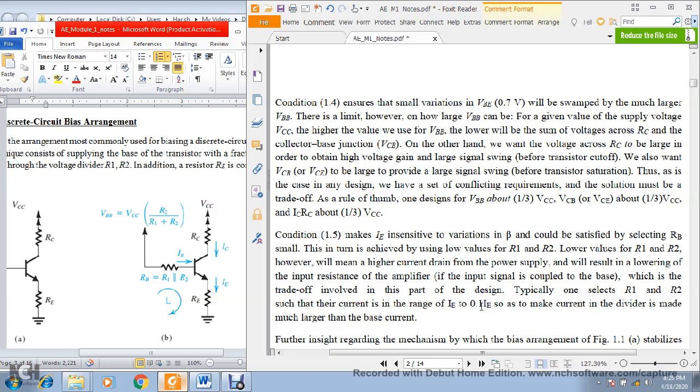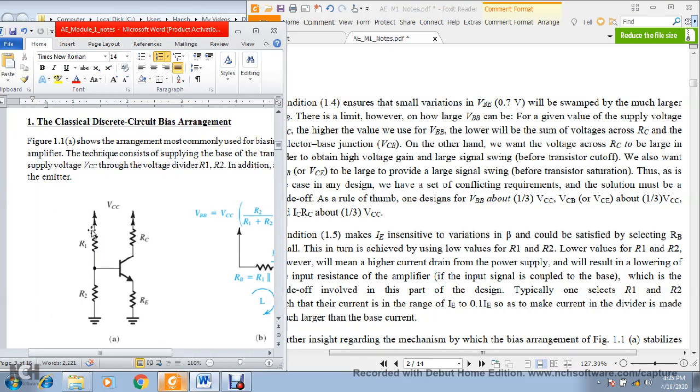If you choose a current flowing through R1 and R2 in the range of IE to 0.1 IE, so that the current in the divider is made much larger than the base current, right? So what is this divider? This is the divider.